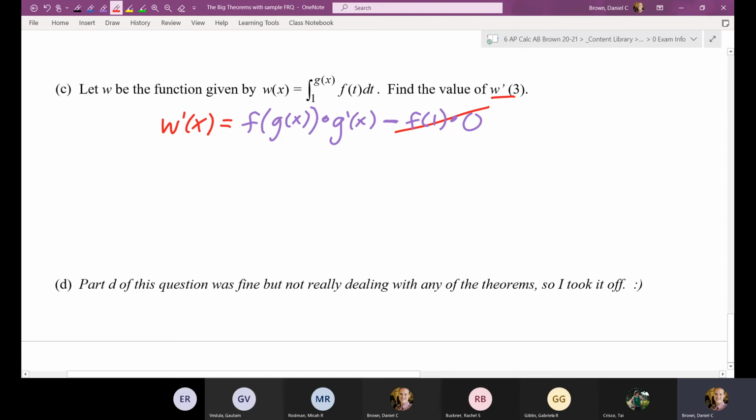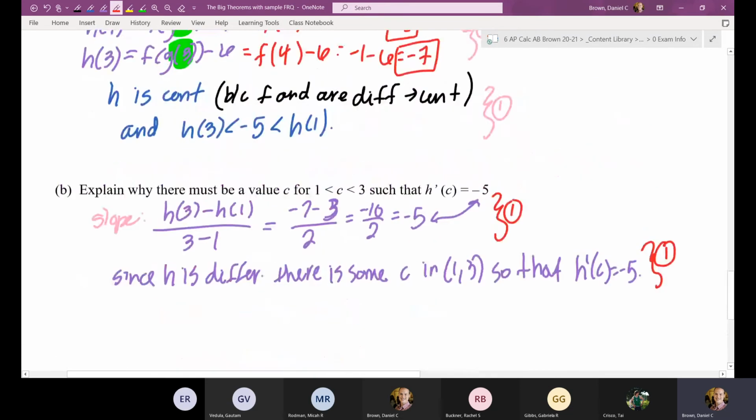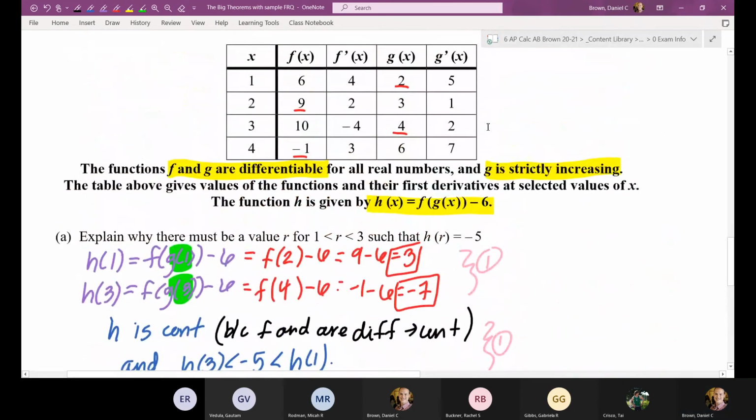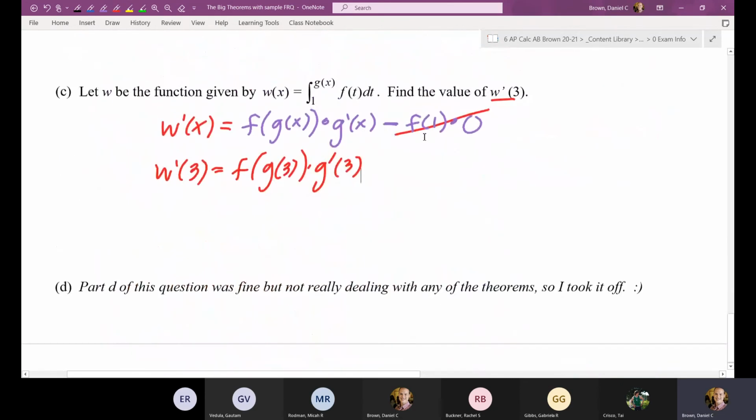And then we want to find W prime of 3. That's going to be f of g of 3 times g prime of 3. And then just use the table to figure all that out. G of 3 is 4.